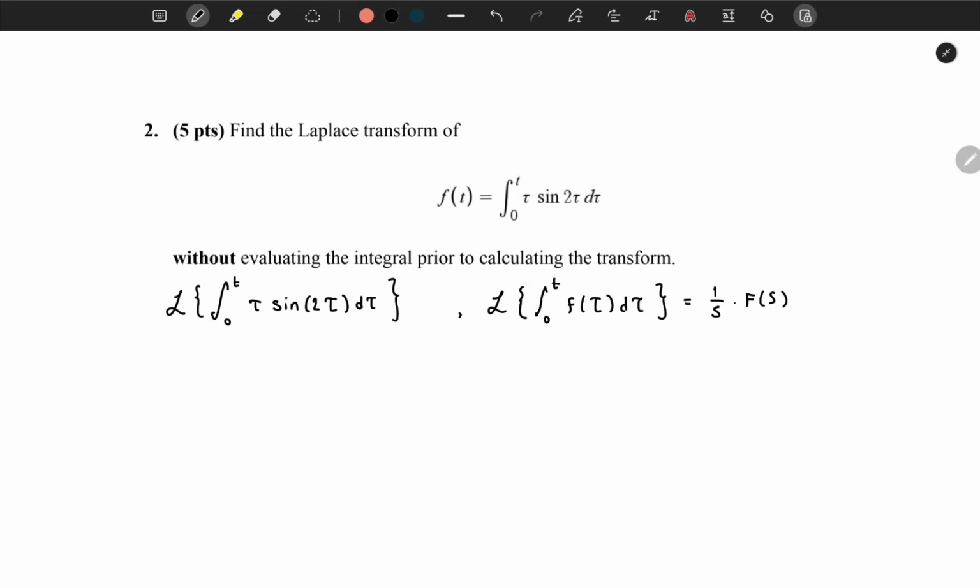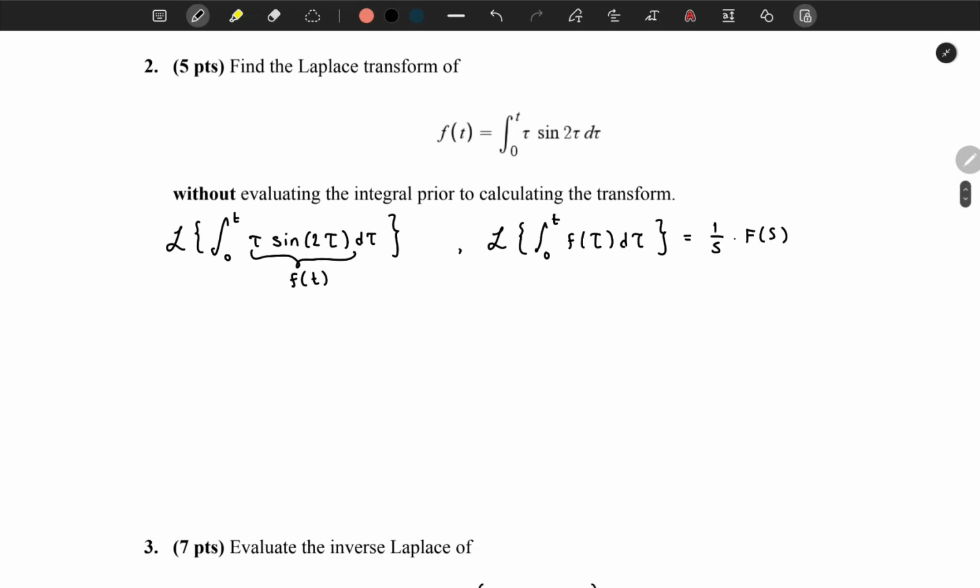So, knowing this, this would essentially represent our f of t, meaning that if we know f of t and we are able to find F of s from f of t, then all we would have to do to find the Laplace of this would be to multiply 1 over s by the capital F of s.